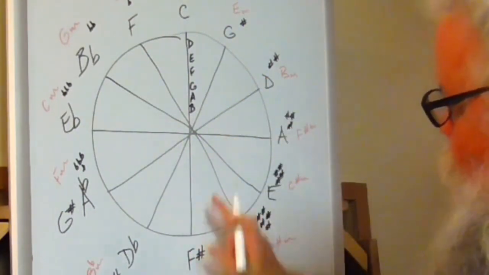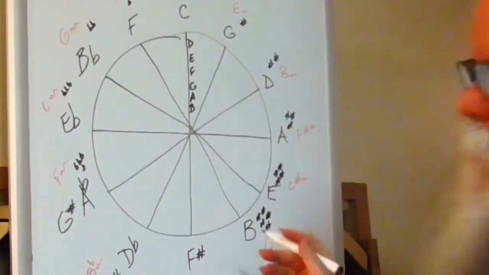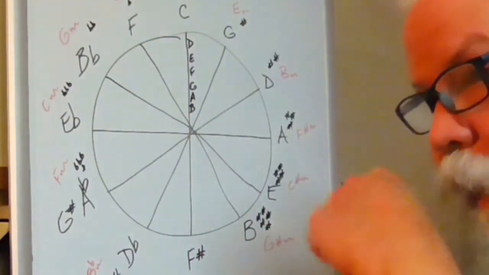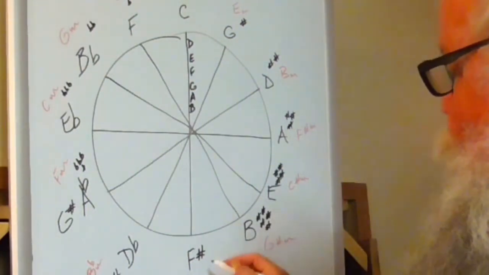And then coming from this direction, you've got C, its opposite, or its complement, actually, strangely, is F sharp.